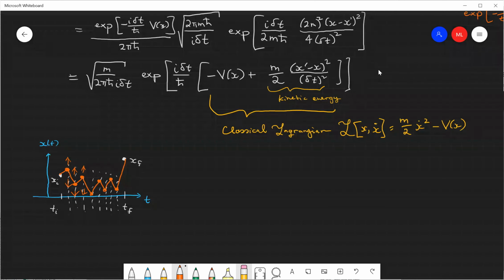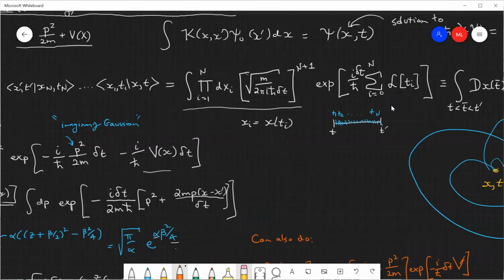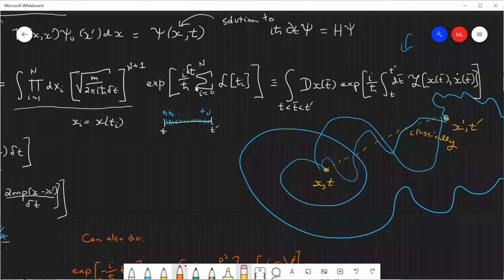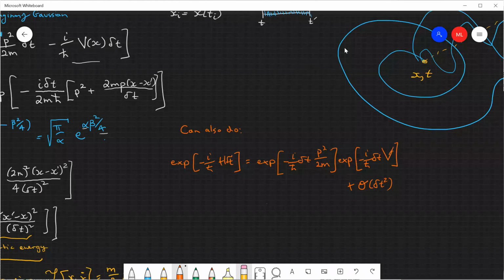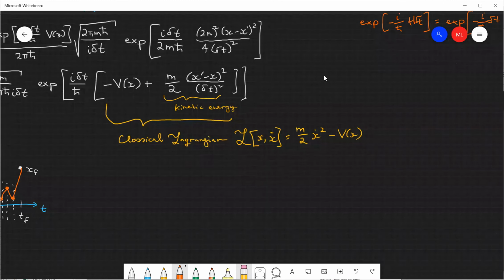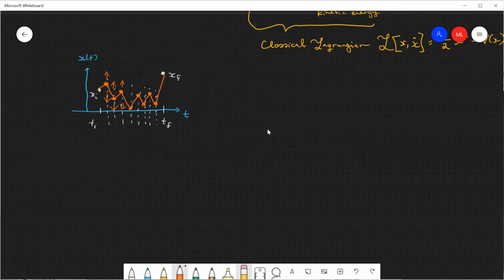So that's what this formula is. And for each path, you sum up the value of the Lagrangian at those intermediate points, and if there's an infinite number of them, that just becomes the integral of the Lagrangian over that path. So that's what it is. So let's do an example.